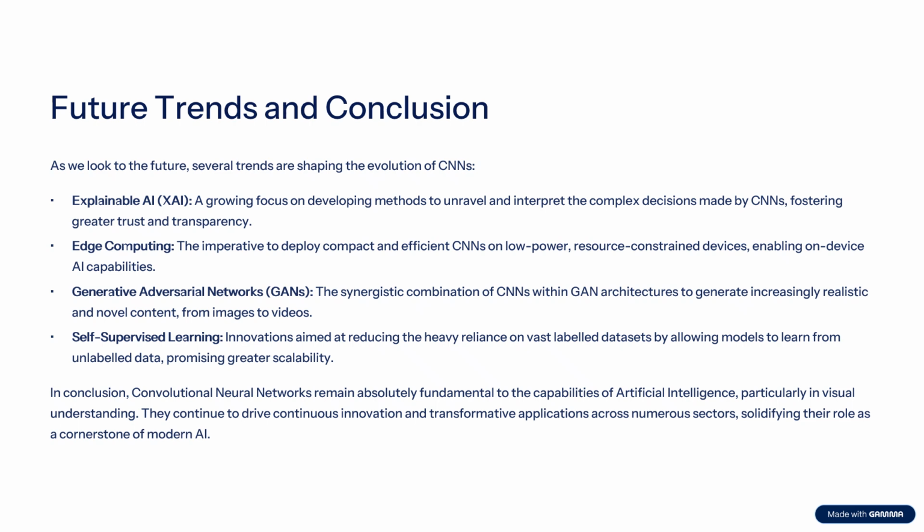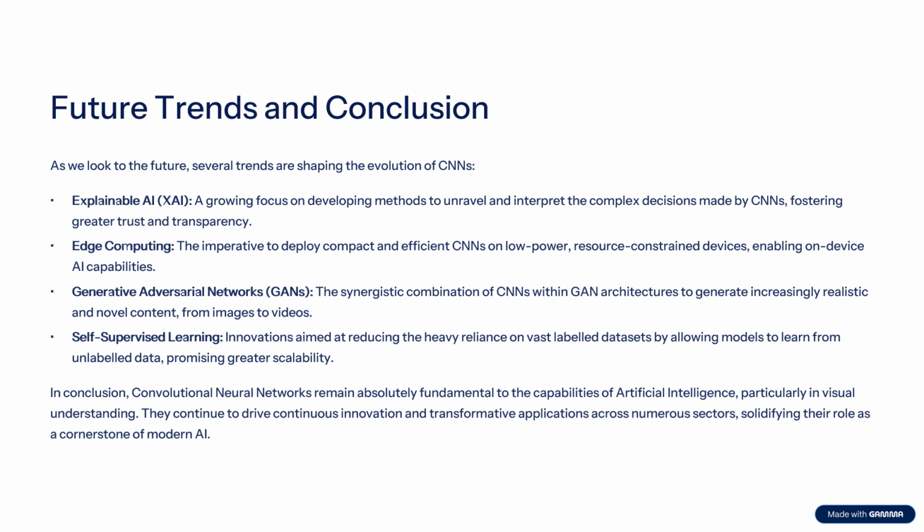Future trends and conclusion. As we look into the future, several trends are shaping the evolution of CNNs. Explainable AI, a growing focus on developing methods to unravel and interpret the complex decisions made by CNNs, fostering greater trust and transparency. Other trends are edge computing, generative adversarial networks, and self-supervised learning.